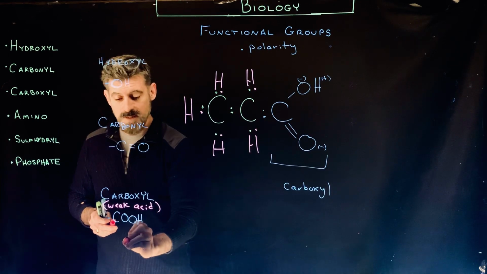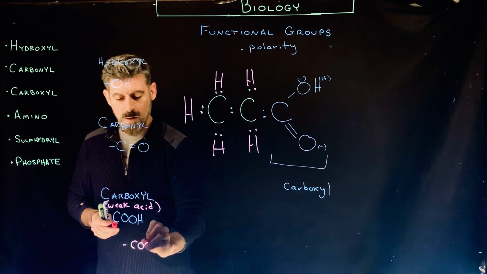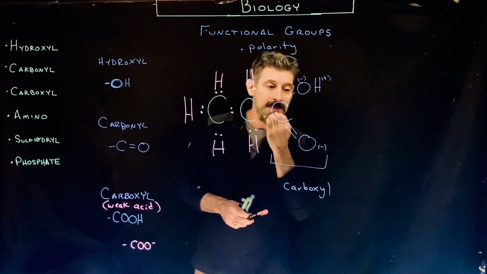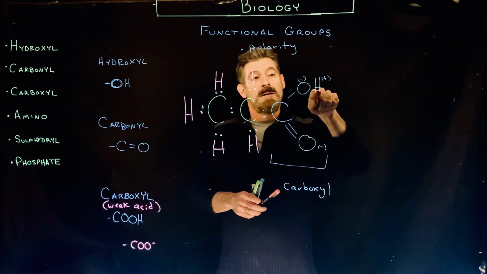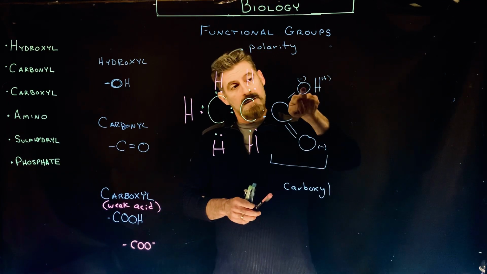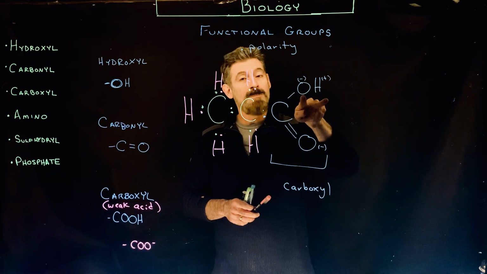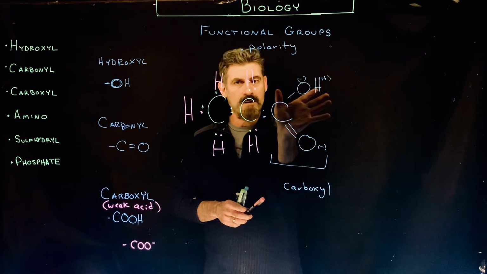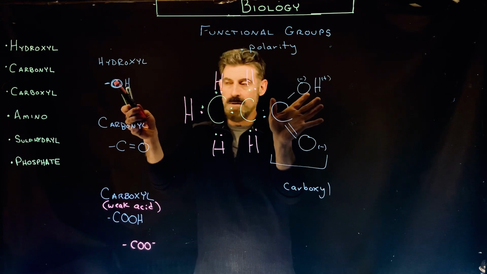So we sometimes see it written as COO negative, like that. What does that mean? Well, this oxygen is sharing electrons with a hydrogen, but it's unequal. There's a strong pull. But it typically doesn't ionize on its own, like this, just as the hydroxyl group.